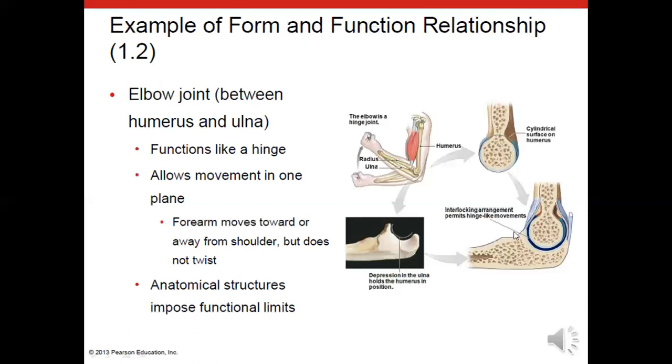If those bones were shaped in any other way, the elbow wouldn't be able to flex and extend. So the anatomic structure of these bones allows for movement in one plane. And those anatomic structures also impose limits. You're not able to really move the elbow in any other way because those bones are shaped that way. So the function of them is related to their anatomic structure.